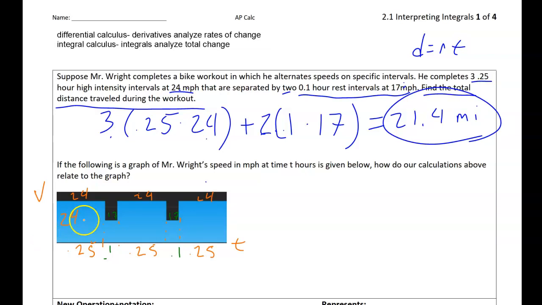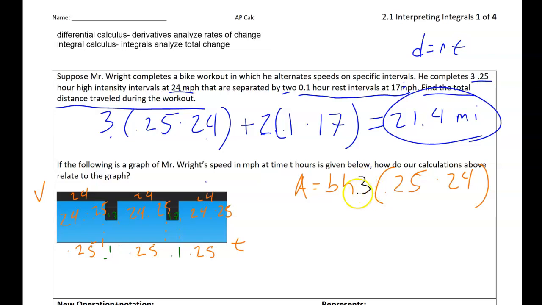So the area of each of my little squares is the integral, is the total change. Remember, area for a rectangle, which is what we have here, is base times height. For my orange rectangles, it's going to be 0.25 times 24, base times height, and then we have 3 of those.